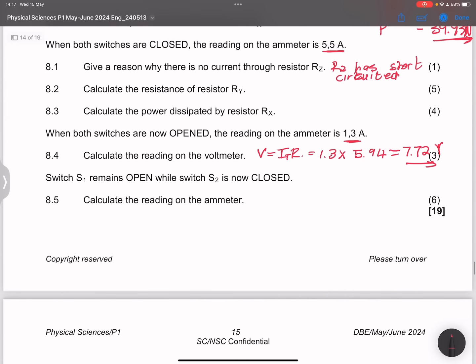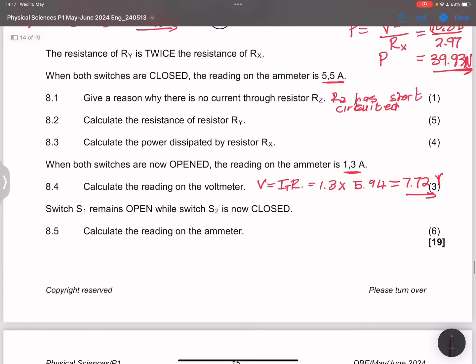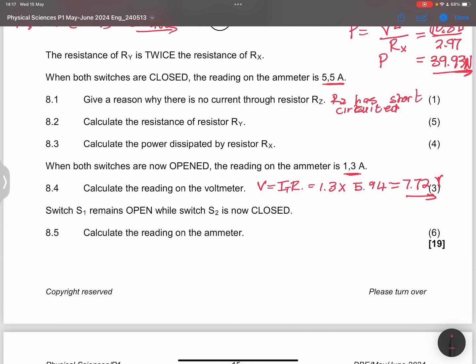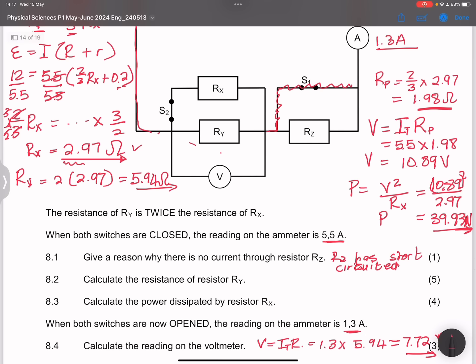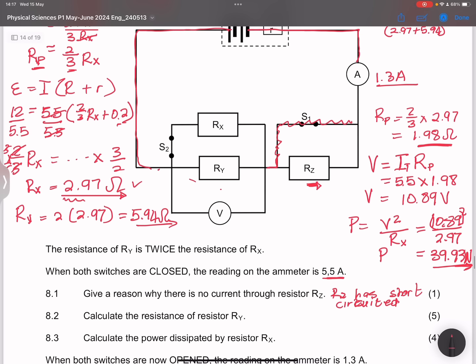I'm going to try and squeeze everything in there, but let's see how far we get. We've got our parallel resistance, but now resistor Rz is unknown to us. And the current can no longer be that 1.3 that we had. Why? Because we've actually changed the circuit. So we've got 3 resistors now instead of the 2.